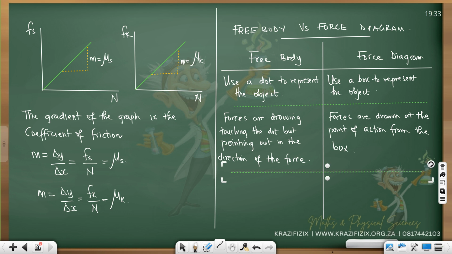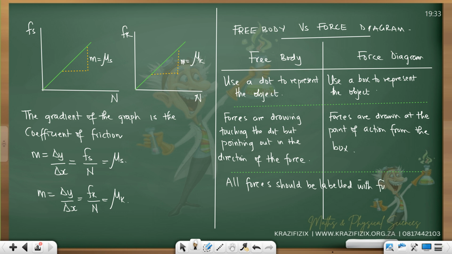And finally, all forces should be labeled. This one is common to both of them.